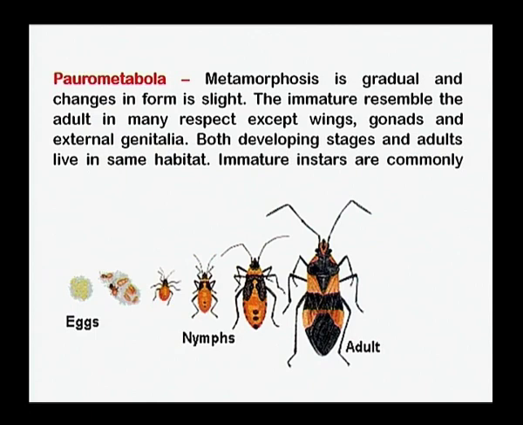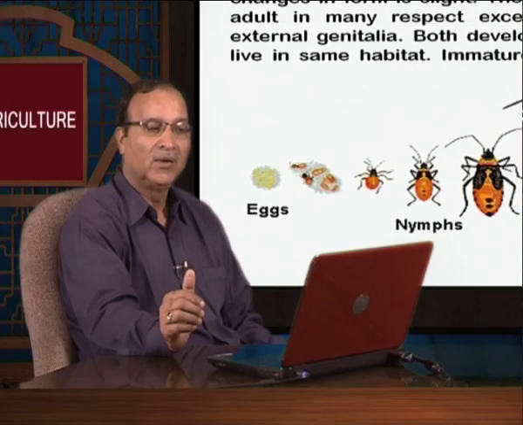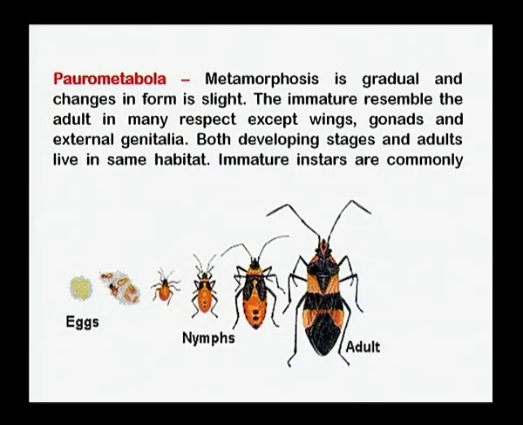The immature stages, that is the nymphal stages, resemble the adult in many respects, except wings, gonads and external genitalia. It means the wings of the adults and the nymph differ, and the gonads, that is the reproductive organs, either the external genitalia or the internal reproductive system, are not very much developed in immature stages.